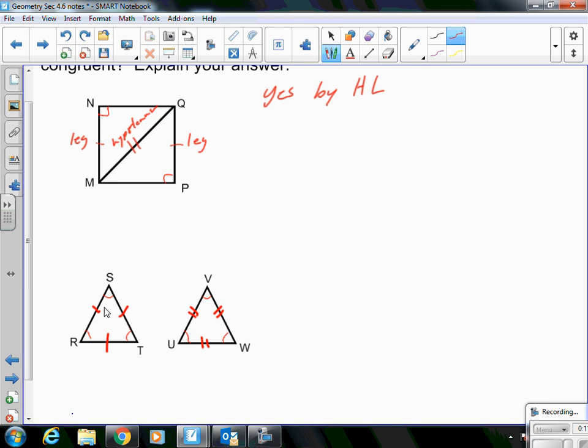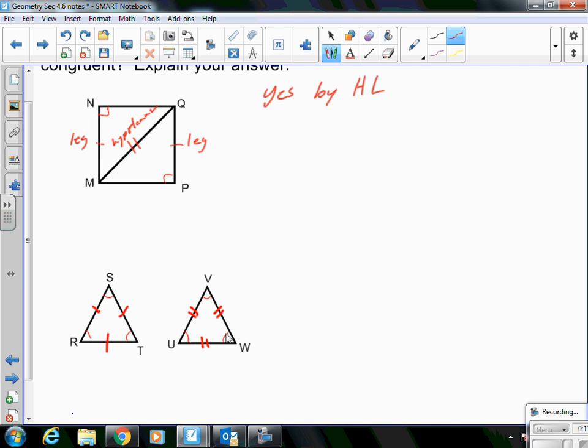So that's telling us that every side in this triangle is the same length, and every side in this triangle is the same length. But these are two tick marks, these are one tick mark, right? So that means that they're not the same length from triangle to triangle, just within the triangle. The sides are all the same length.